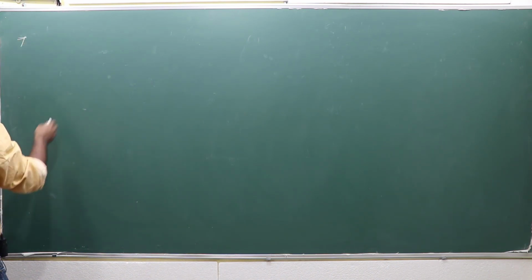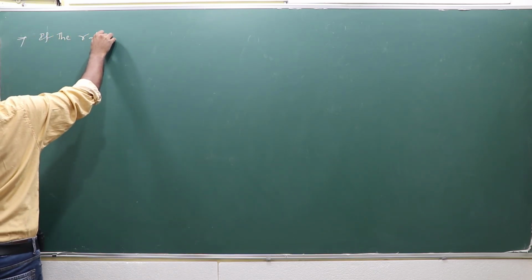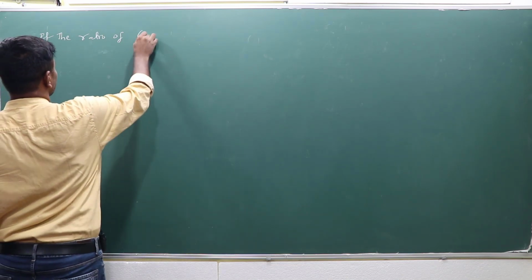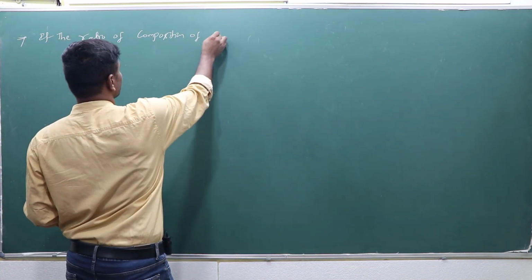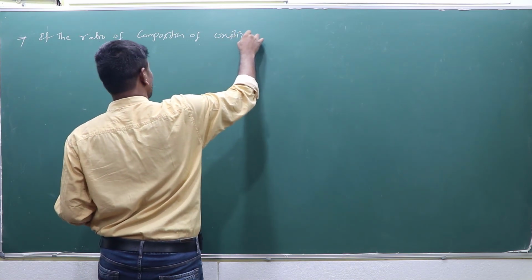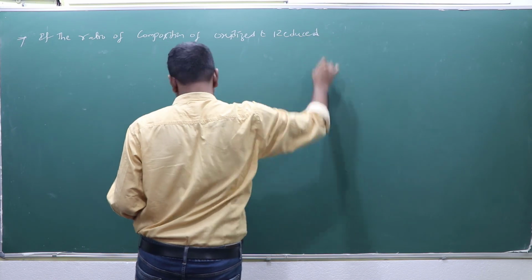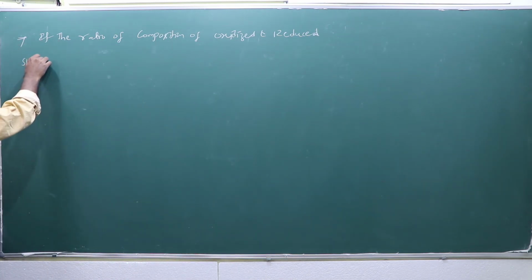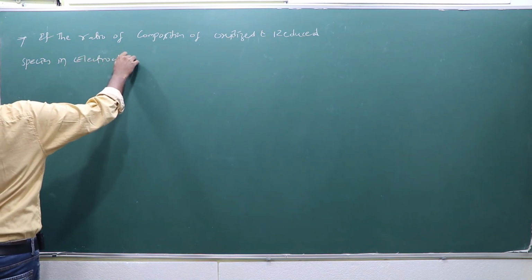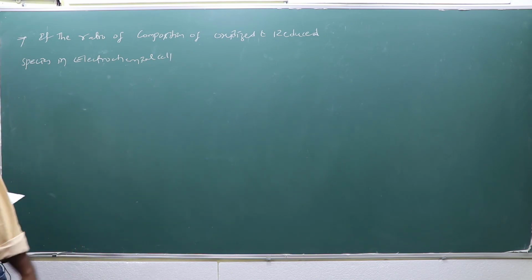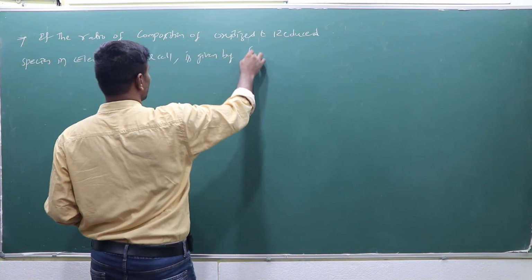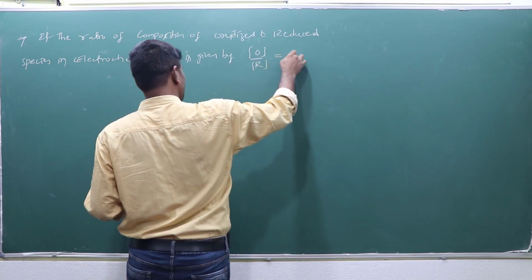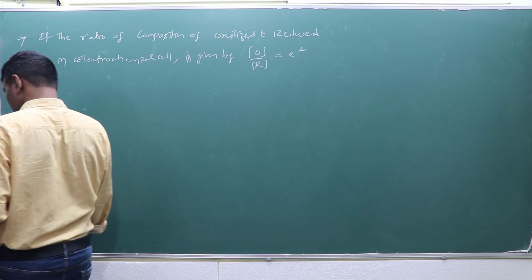Next, another similar problem like the previous one. The ratio of composition of oxidized and reduced species in an electrochemical cell is given by e to the power of 2, exponential factor 2.